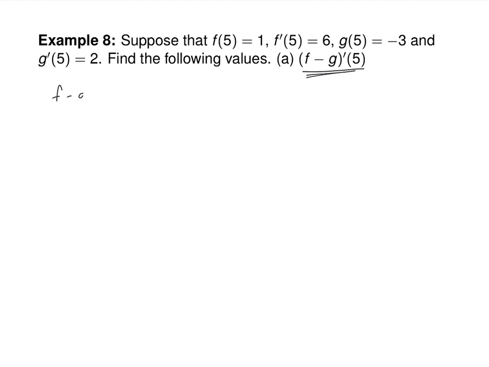So f minus g prime of 5 is the same thing as f prime of 5 minus g prime of 5. The rule for addition and subtraction, easy. What's f prime of 5? Minus g prime of 5, so this is 4, okay? There you go.